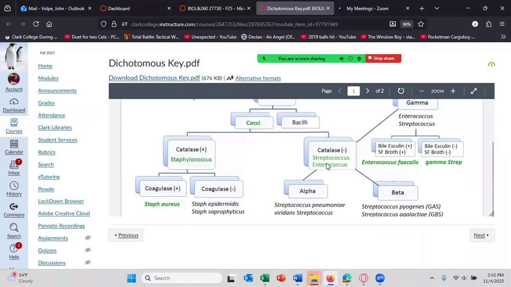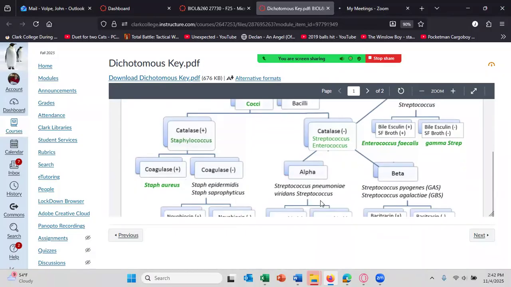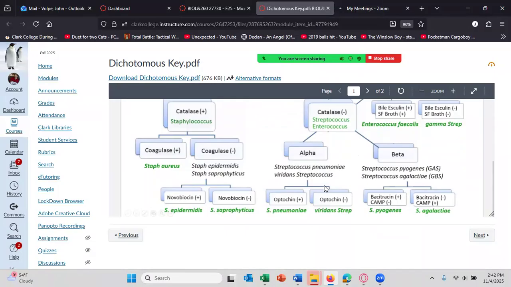Of the alpha hemolytic bacteria, there's only two that we're going to look at, Streptococcus pneumoniae and Viridans Streptococcus. And you can separate these two by doing the optochin test. If it's optochin positive, it's Streptococcus pneumoniae. And if it's optochin negative, it's Viridans Streptococcus.